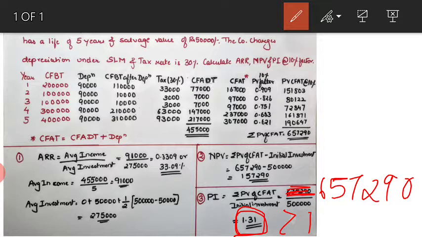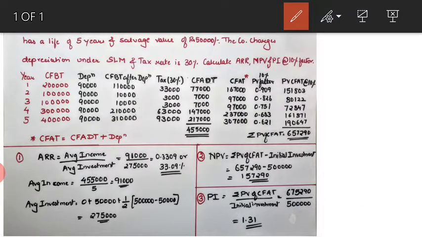So this is how we calculate ARR, NPV, PI or any other method when cash flows before tax are given. I hope you're clear with conversion of cash flows before tax into cash flows after tax and then using it in the formulas. I'm repeating once again about ARR. Please be careful while considering ARR.